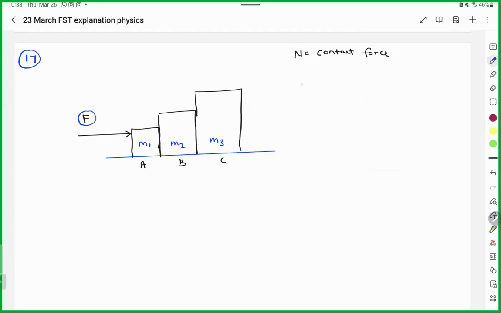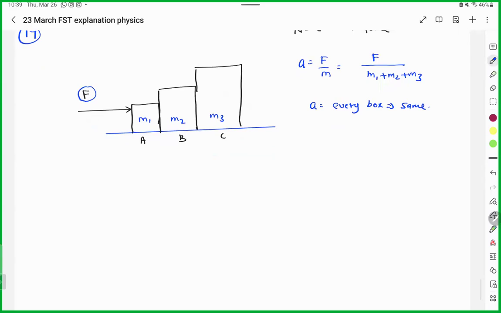First always calculate acceleration, and you know acceleration is force by total mass. Force is F, total mass is the addition of all three. Done. Acceleration you calculate. Remember, acceleration of every box will be the same. Acceleration of every box will remain same. Now you will make a free body diagram of every box.